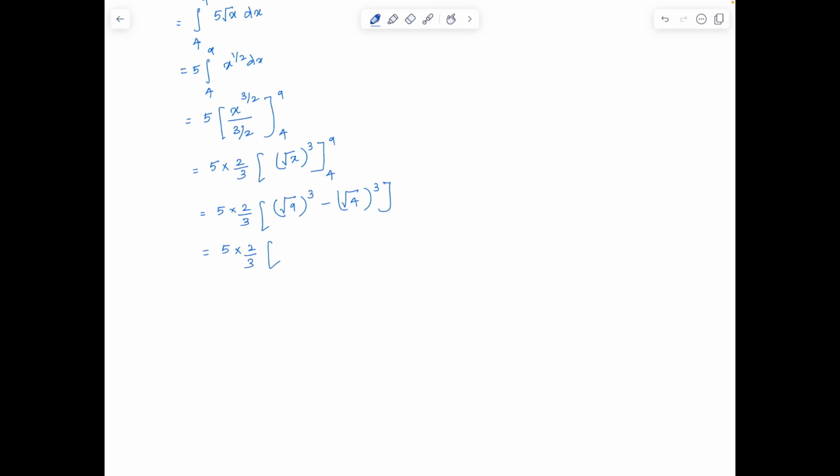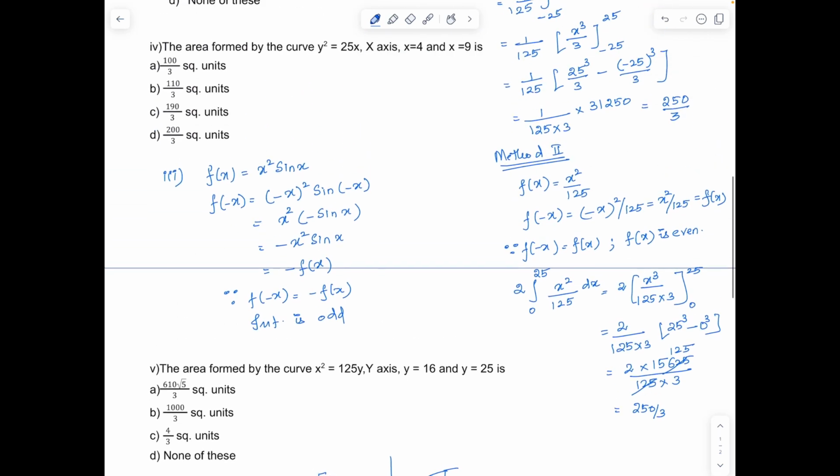Root 9 is 3. 3 to the power 3 is 27. Minus root 4 is 2. 2 to the power 3 is 8. 5 into 2 by 3 into 19, which is 190 by 3. So the option is C, 190 by 3 square units.